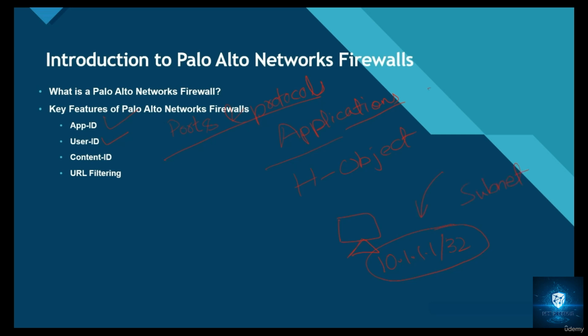Now, in today's network, we identify the user itself. Tomorrow, if this user logs into another device which changes the IP to, let's say, some other subnet, like 12.12.12.32, that policy will still apply to this user because the policy is using the User-ID feature to be enforced on this user.